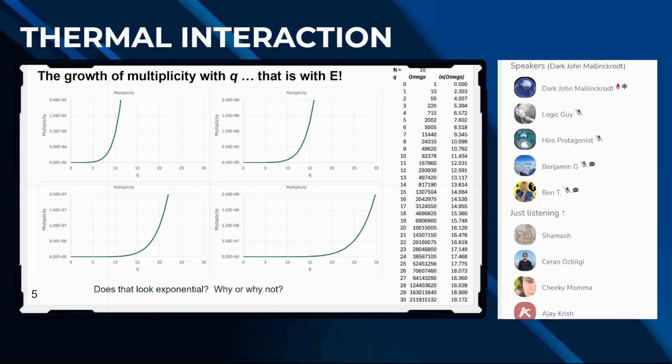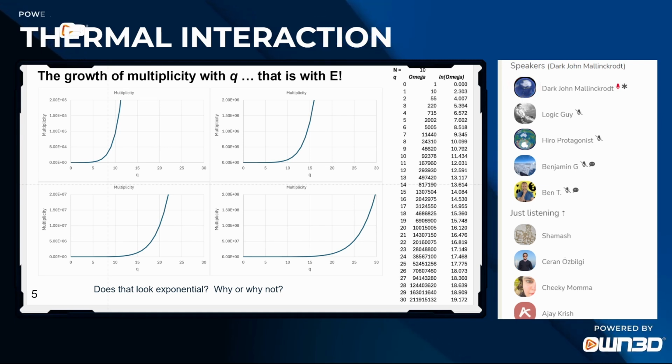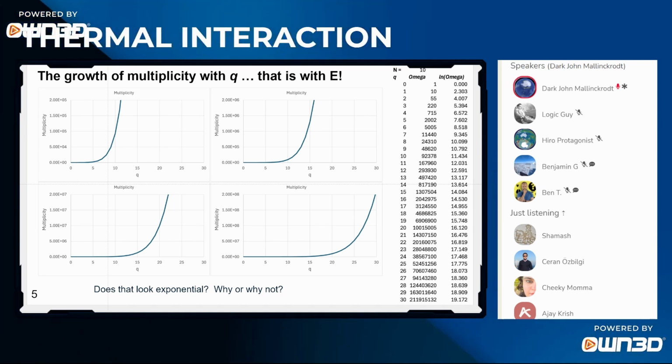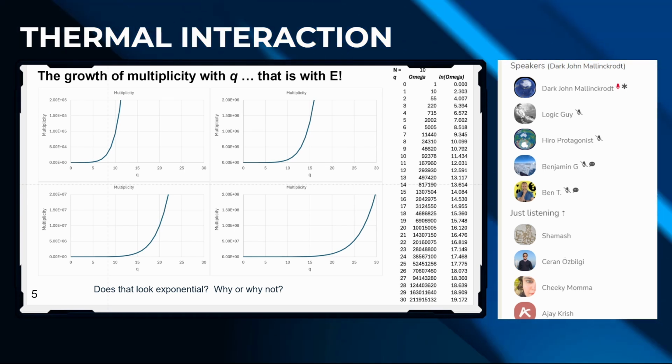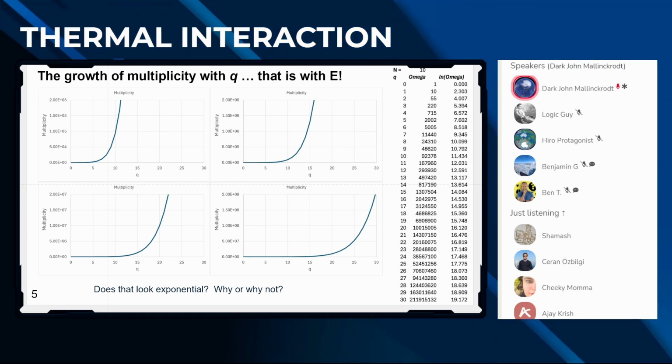If you were to try to fit an exponential to that first curve, you would give it a certain rate constant, in mathematical language. The rate constant for the second curve is smaller. It's not the same rate constant. If you try to fit an exponential curve to that second one, it would be a slightly smaller rate constant.